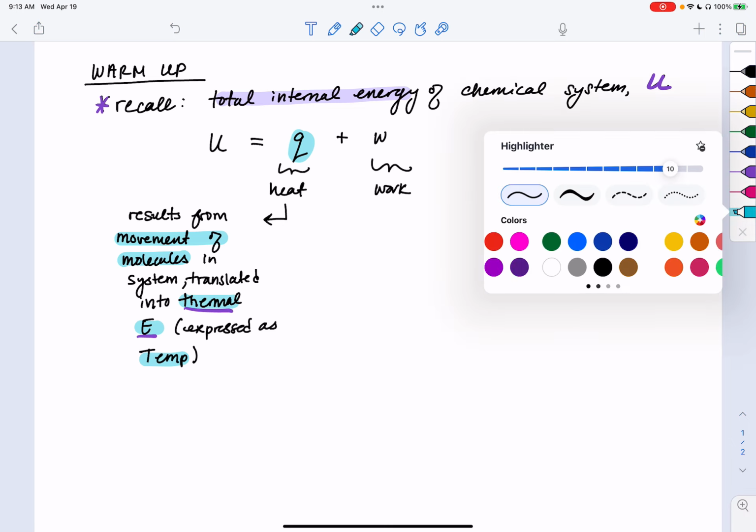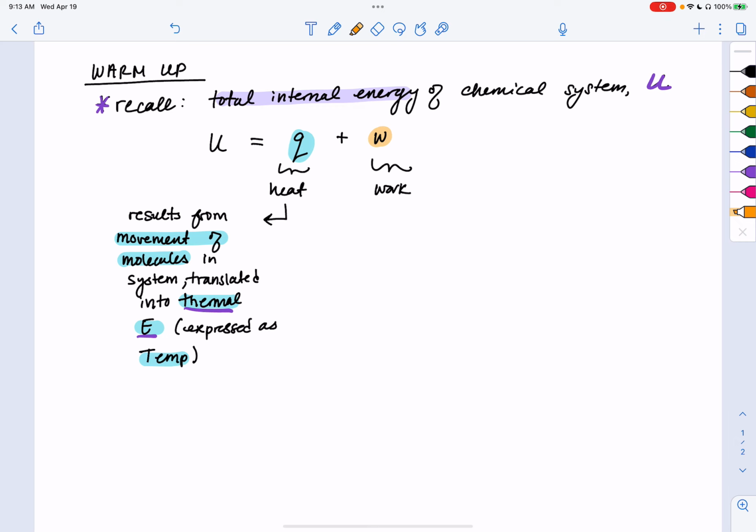Then we have the work component of our total internal energy for a chemical system. And when thinking about work, we're thinking about force that's applied over some distance. And typically in chemistry, when we're thinking about things that are applying some kind of push or pull, which is a force over some distance, we're looking at some fluid, often a gas, that is either compressing or expanding.